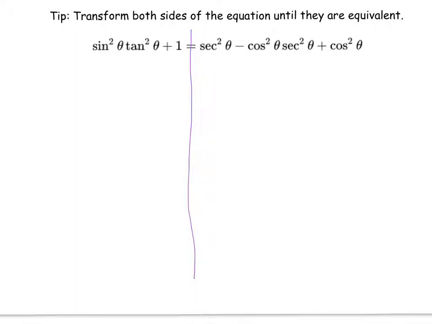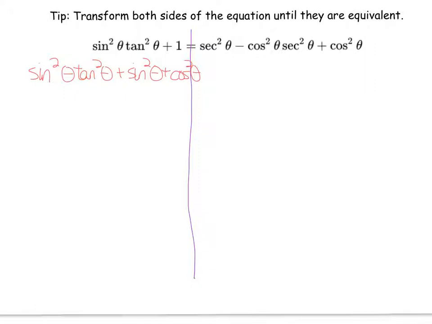So if we look at the left side, we see sine squared tangent squared plus 1. I'm going to say that that is sine squared theta tangent squared theta, and 1 is sine squared plus cosine squared.